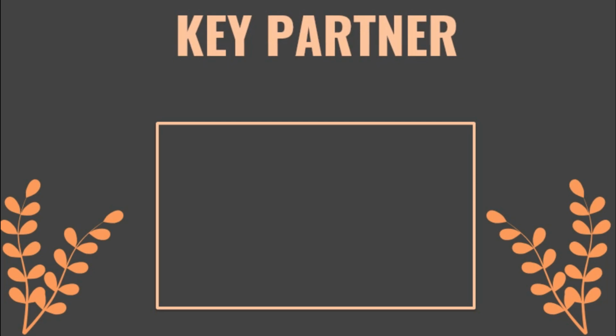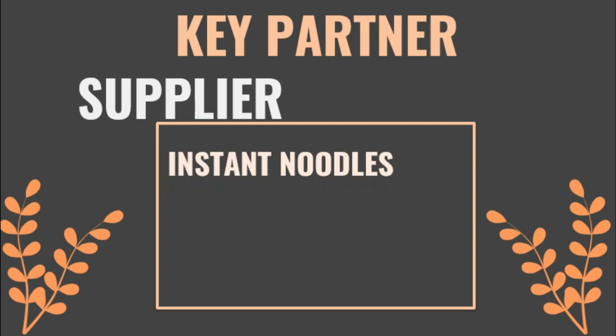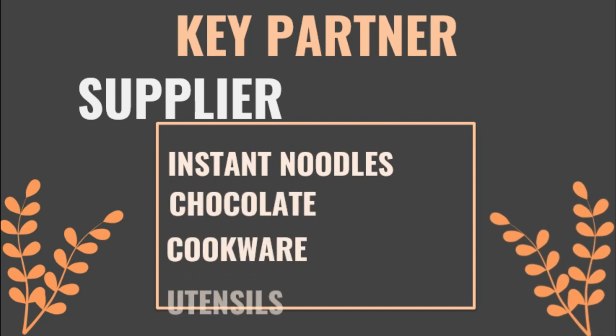As for key partners, it involves the suppliers, which are the instant noodle supplier, chocolate supplier, cookware supplier, and utensil supplier. The instant noodle shop relies on the suppliers since they are well-informed about their products and can offer a bulk price.